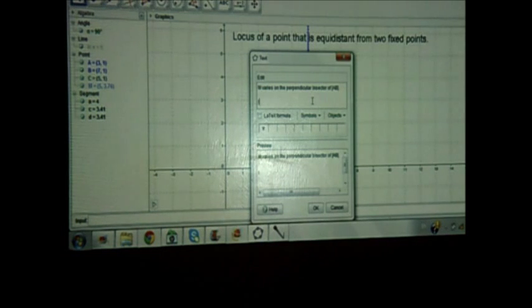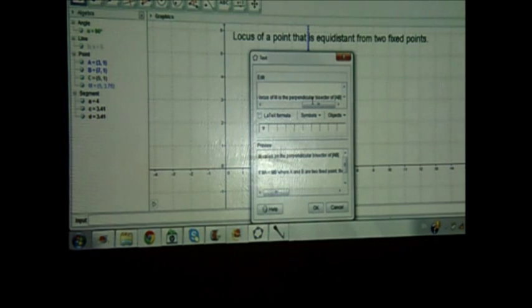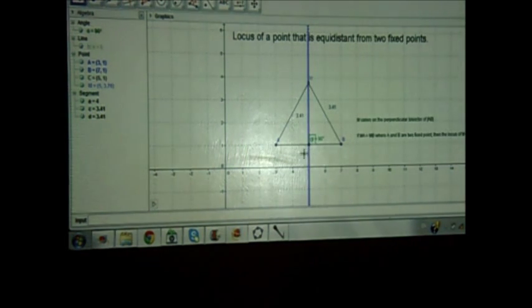So we can learn it as a property. If we have MA equal to MB, where A and B are two fixed points, then the locus of M is the perpendicular bisector of segment AB.